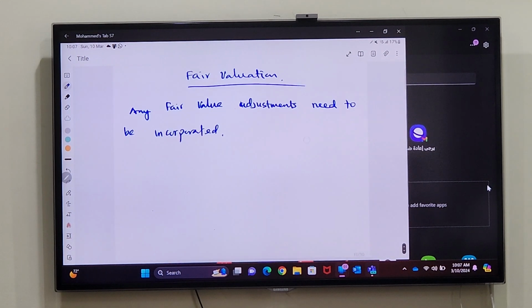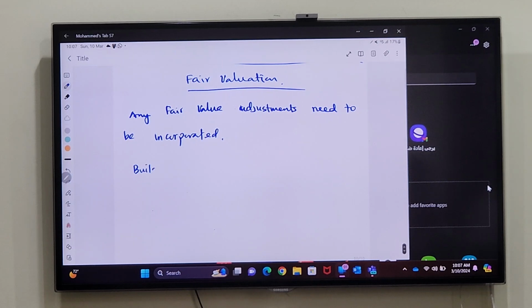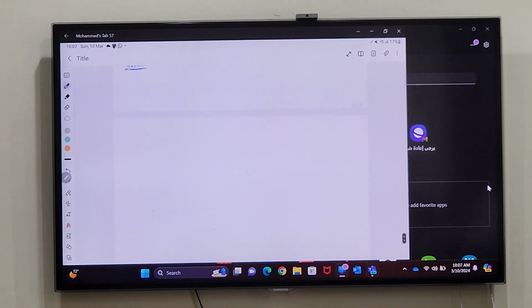Let's say in this example, it's a building. Instead of land, I bring this example as a building. The cost of the building was 100. Fair value is 200. So at the time of calculating goodwill, now you remember that equation, and I said that I need to have fair value of identifiable net assets. In that, if you remember, I have taken the share capital and I have taken the reserves.